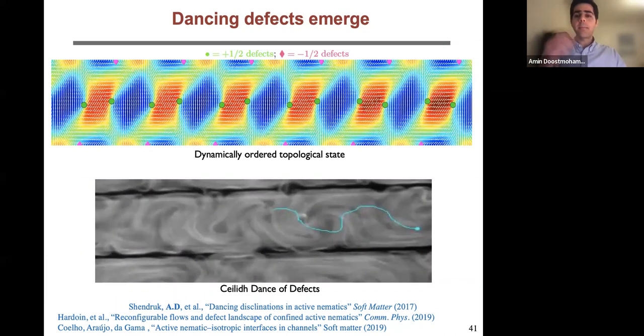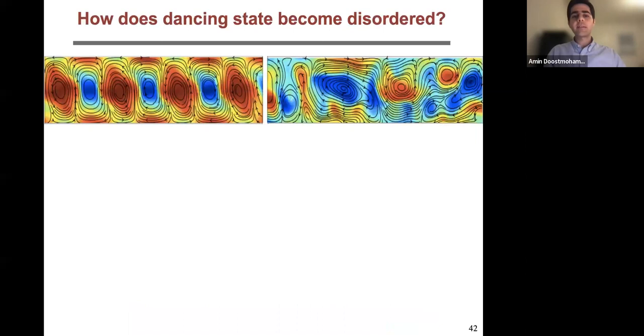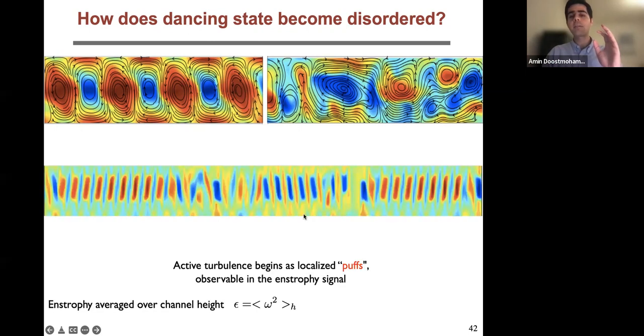Now coming back to turbulence, in addition to being a cute state, this intermediate vortex lattice is a state before going to chaotic flows. Meaning that if I increase activity a little bit between this vortex lattice and a chaotic flow, I can have coexistence between regions that are ordered, with vortex lattice, and regions that are disordered.